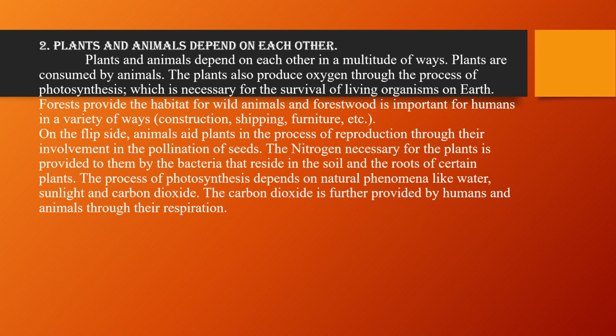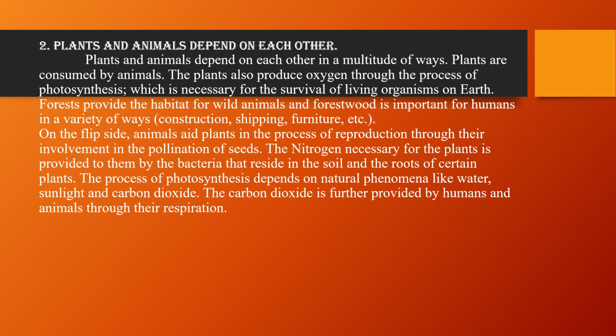This pollination is performed on plants in order to reproduce a new being. The nitrogen necessary for the plants is provided to them by the bacteria that live in the soil and the roots of certain plants.